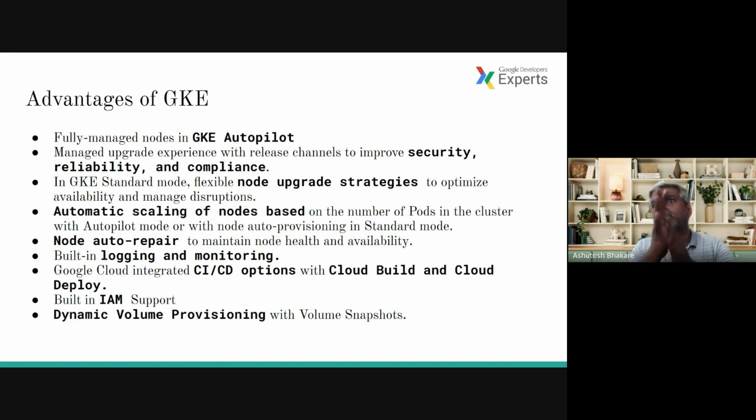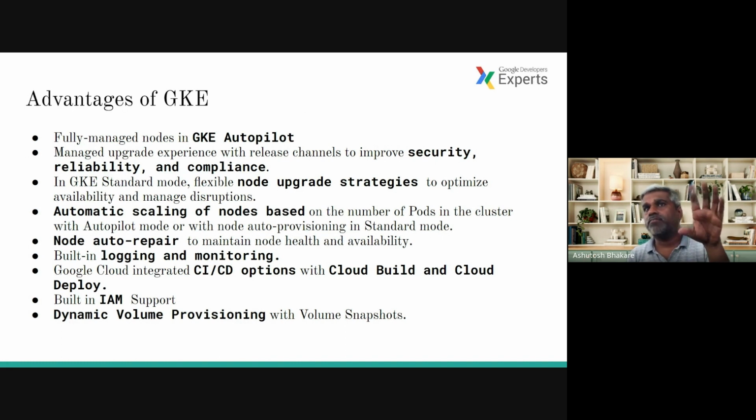The last advantage in my list is volume provisioning. GKE supports snapshots. We have custom resource definitions, something called CRDs, right? When you say CRDs, these are useful in terms of adding custom applications. By default, GKE supports a custom resource definition with a volume snapshot.